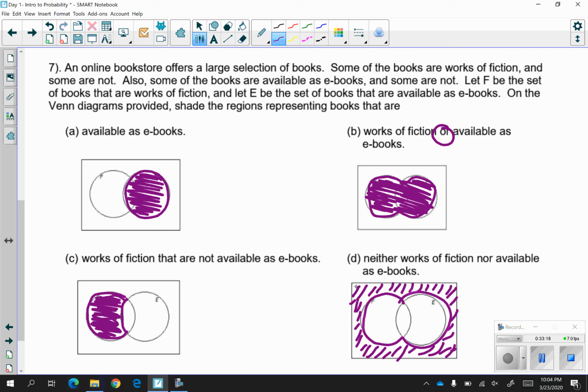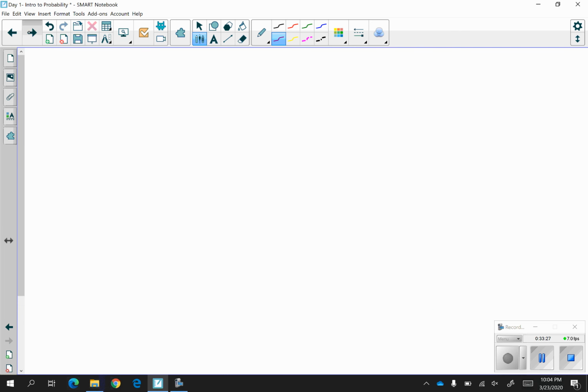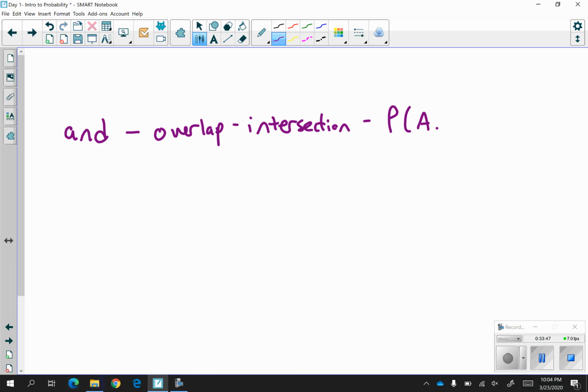So with probability, a few things to take away from this video is the difference between and or. So and probability is your overlap, also called the intersection, and it's going to look like probability of A and B, right?